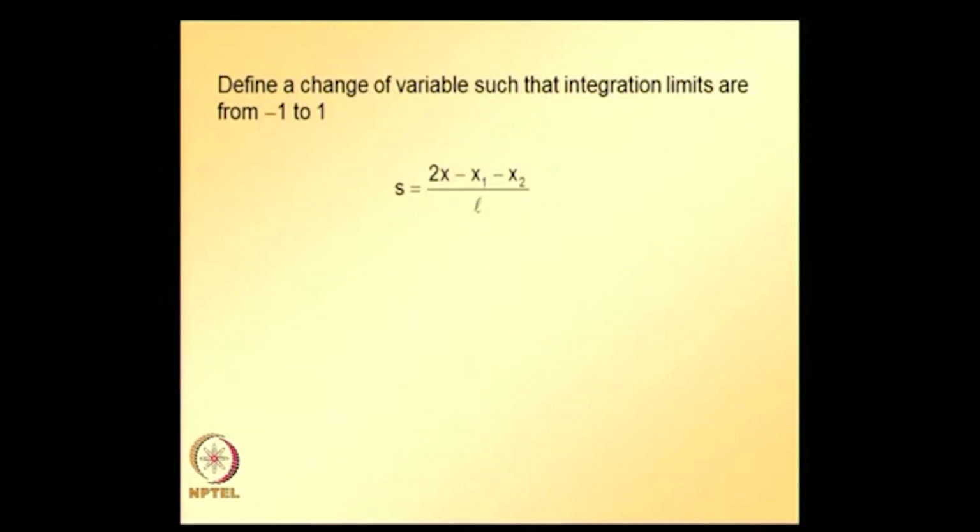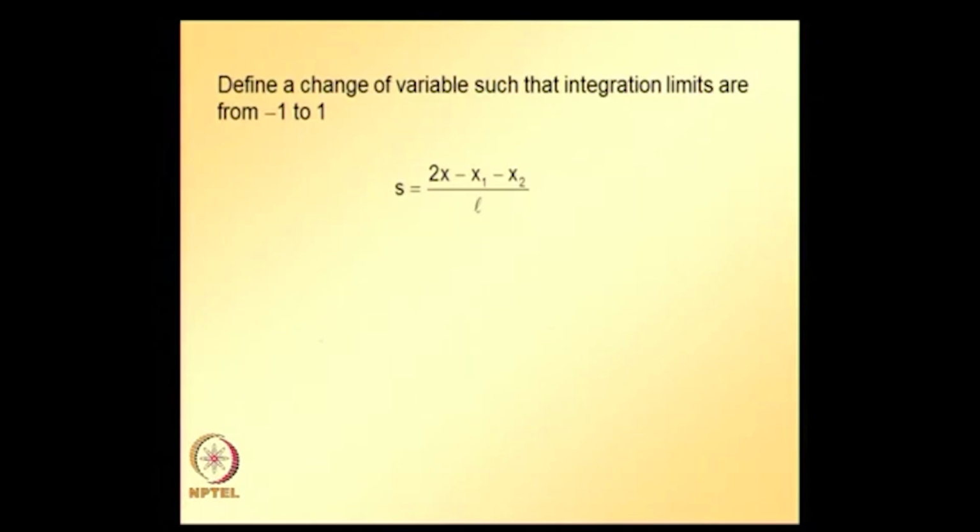So, define a change of variable such that the integration limits are from -1 to 1 instead of x1 to x2. The relation between the x coordinate system and the s coordinate system is given by this equation, which can be easily derived using the linear interpolation formula, which we already did in earlier lectures.